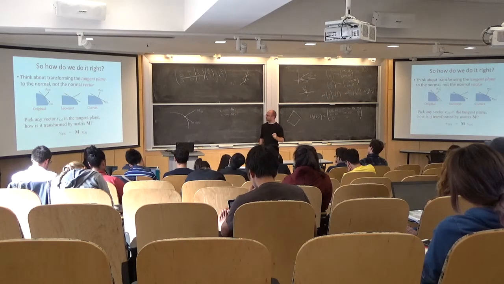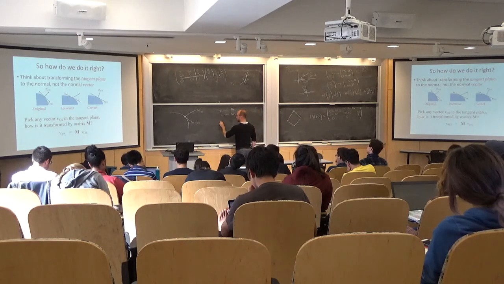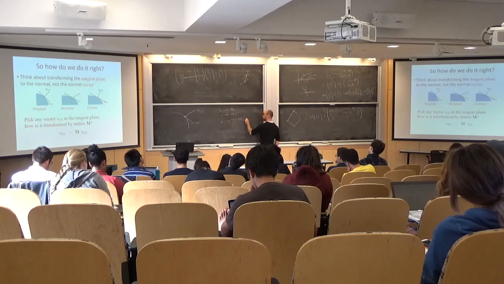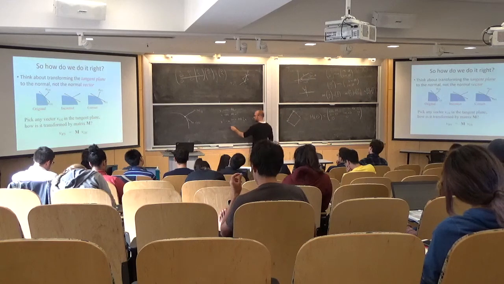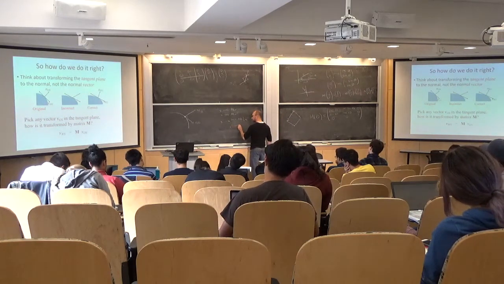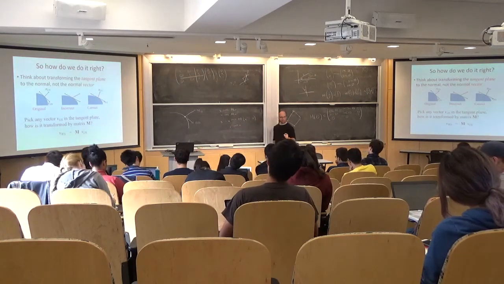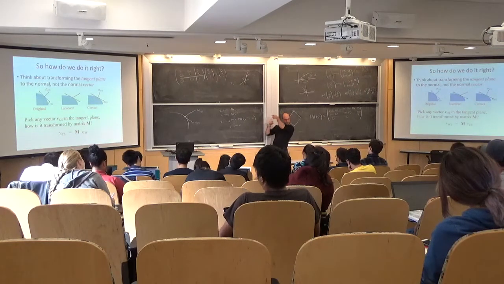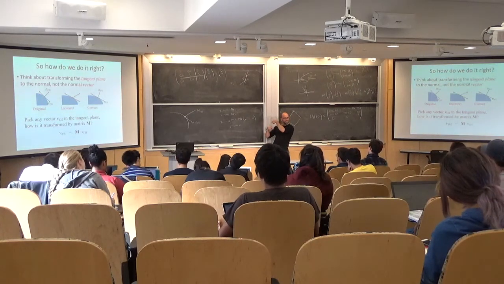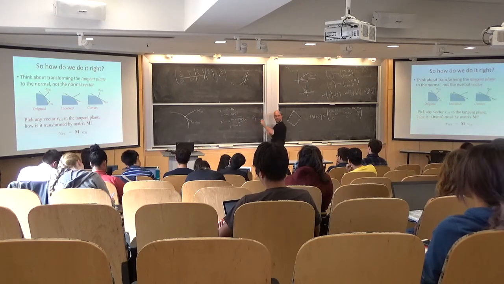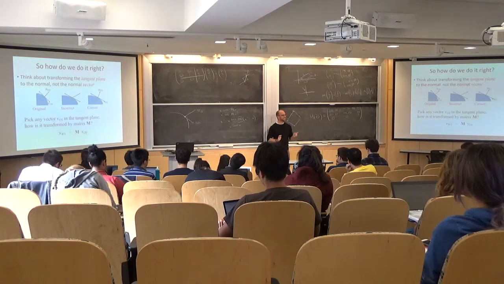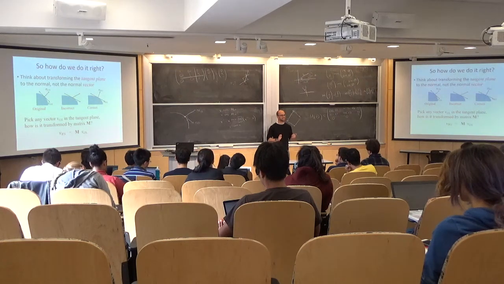So if I subtract these two things, what's going to happen if x prime approaches x? I'm going to get a vector that points in the tangent direction. And what does this argument show me? It shows me that the tangent vector does transform by M. Does that argument make sense? It's kind of intuitive.